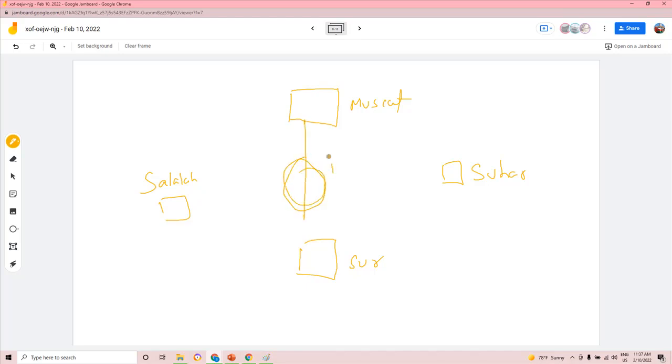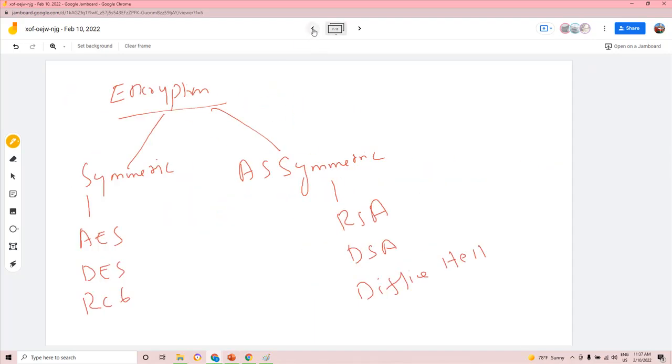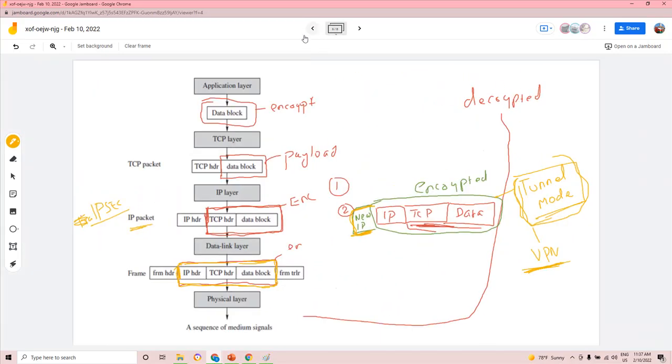Let's say there is the internet, so you connect all the branch offices through the internet. You can configure IPsec. Through the IPsec protocol you can connect them through the tunnel mode. So there is authentication, there is encryption, and the security is provided at the network layer.